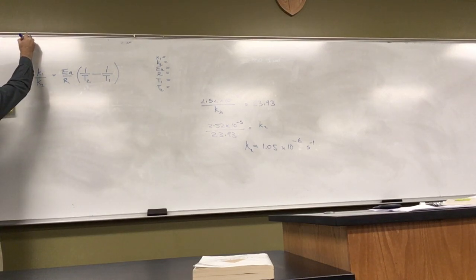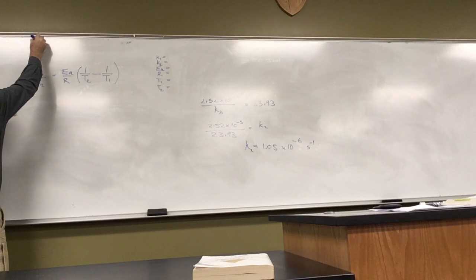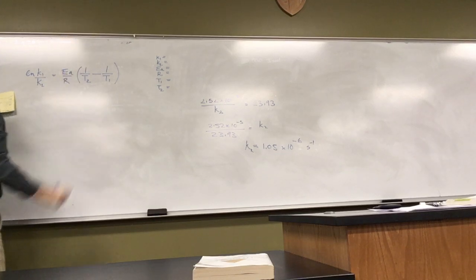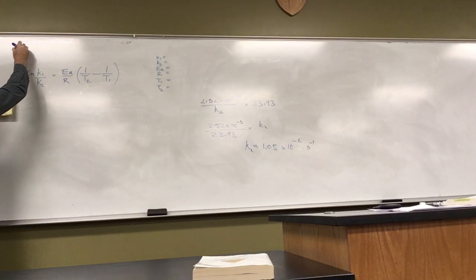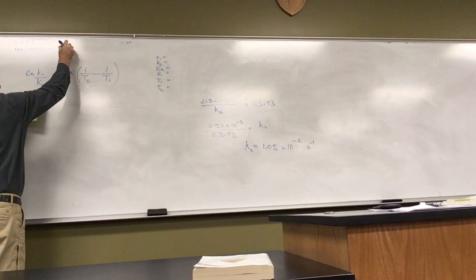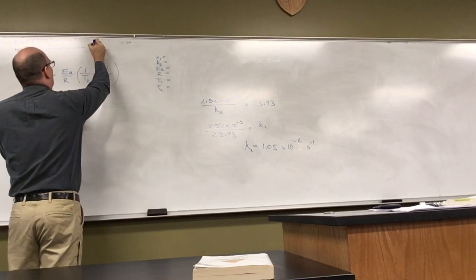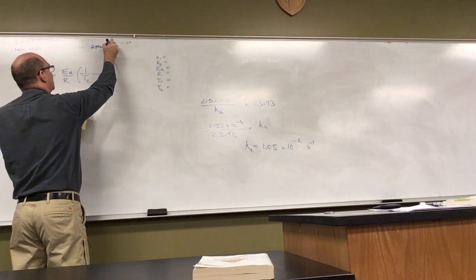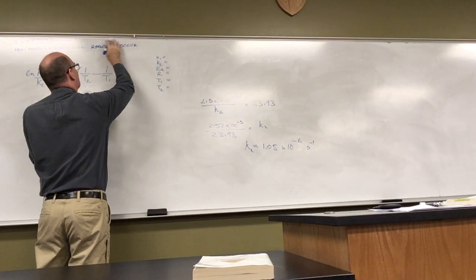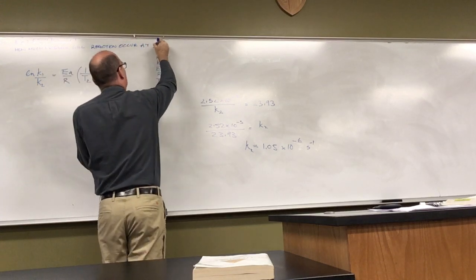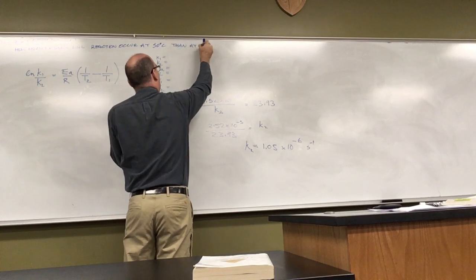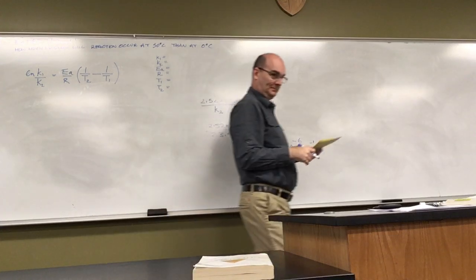It says that if your activation energy is 65.7 kilojoules per mole, how much faster will the reaction occur at 50 degrees Celsius than at 0 degrees Celsius?